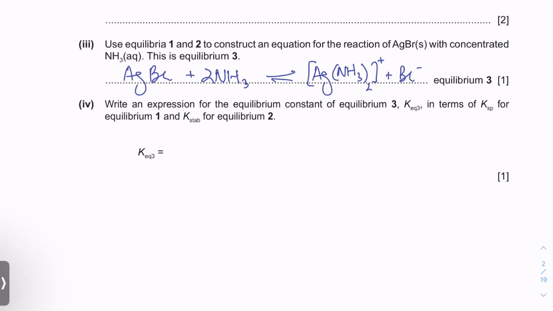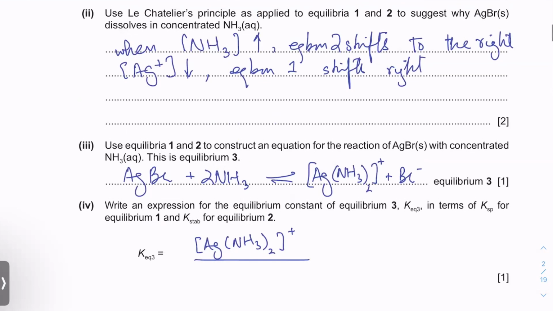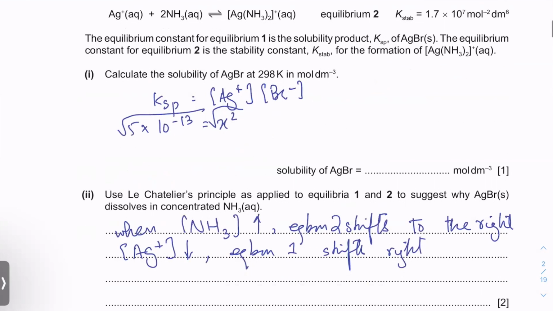AgNO3 AgNH3 का इक्विलिब्रियम क्या है? It is K stab. ठीक है? If you don't understand that, then let's try to write it out. So हम इसको लिखने की कोशिश करते हैं. This over what was this one? Ag and ammonia. ठीक है?